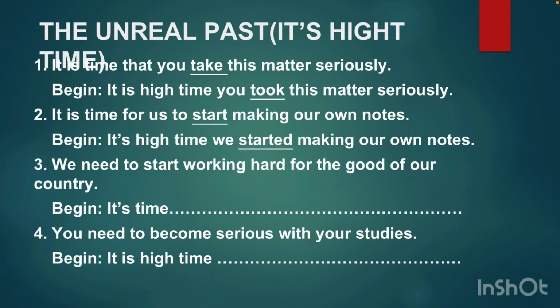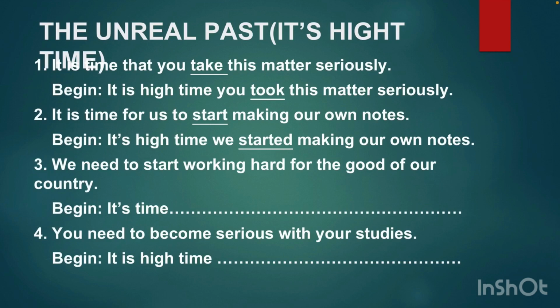When you look at the first question, you do what? You take. Then the second question, us, to do what? To start. Then making is coming after start. So the verb that is directly connected to the subject here, which is us, is start.